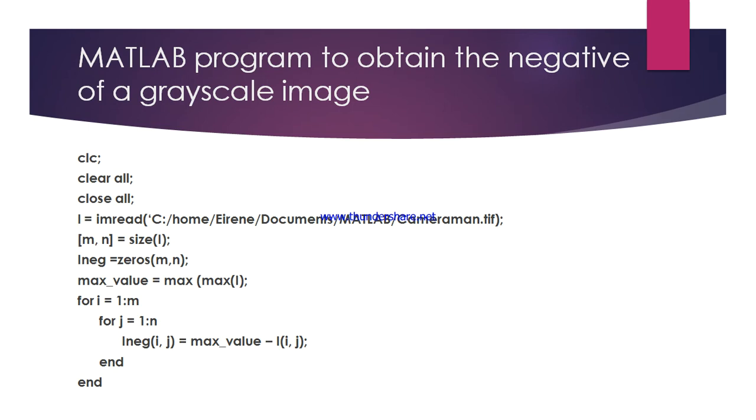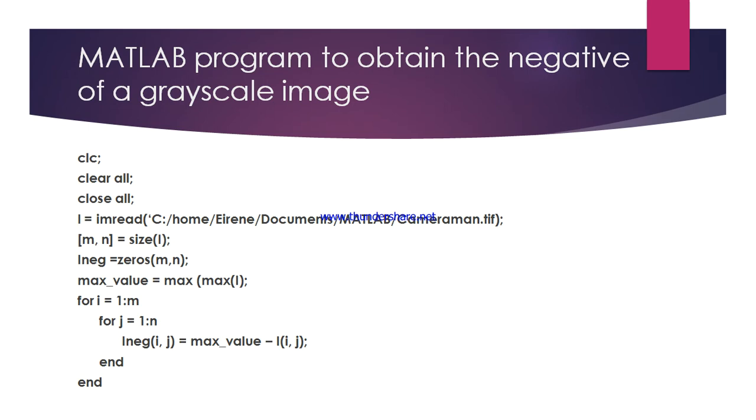Now I will take one more variable to represent the negative of an image. Let's say ineg is equal to zeros of m comma n. This command will create a matrix of size m comma n, similar to the original image, with all zero values.